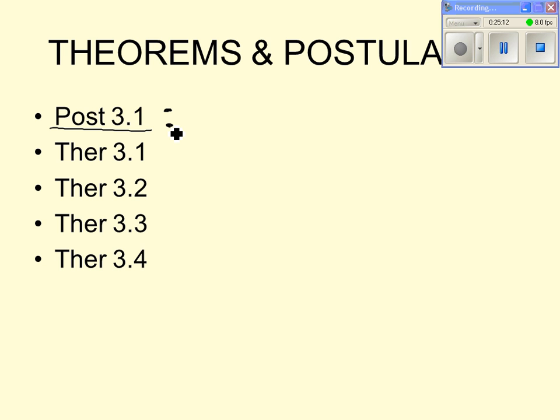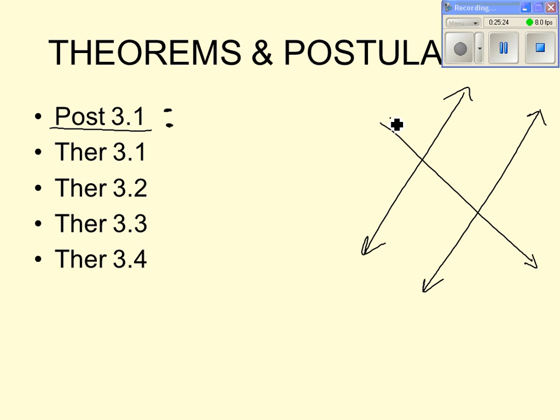Oh, never mind. So if we have postulate 3.1, if I draw a picture over here, we know that these two lines are parallel, and I'm going to give you a shortened form of these theorems so that you can use them when you're proving this stuff. Just give these some numbers here. We know that these two lines are parallel to each other.